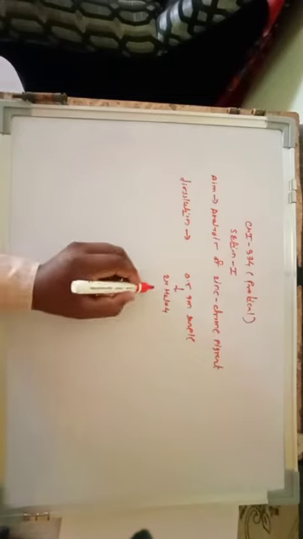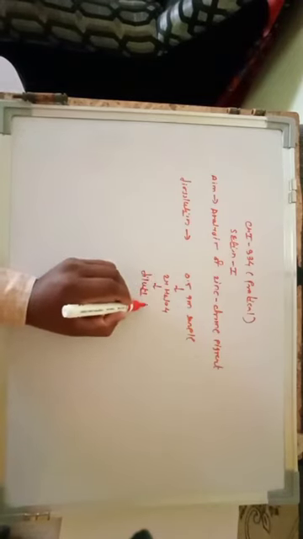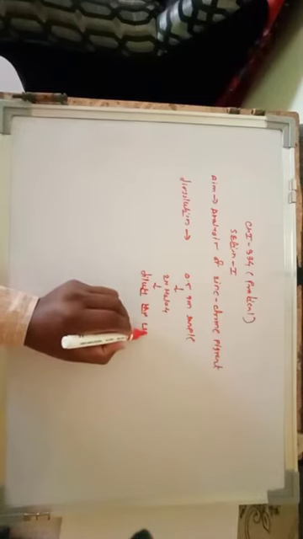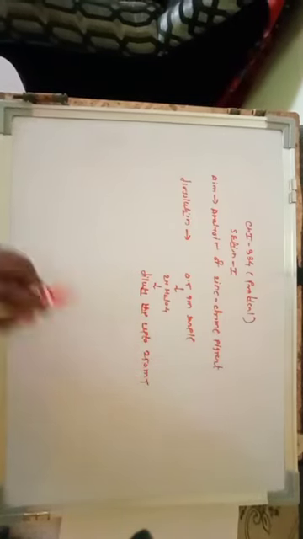Dissolve the sample in H2SO4 solution and then dilute up to 250 ml. So this is a very simple procedure of dissolution: take the sample, dissolve in acid and dilute up to 250 ml.